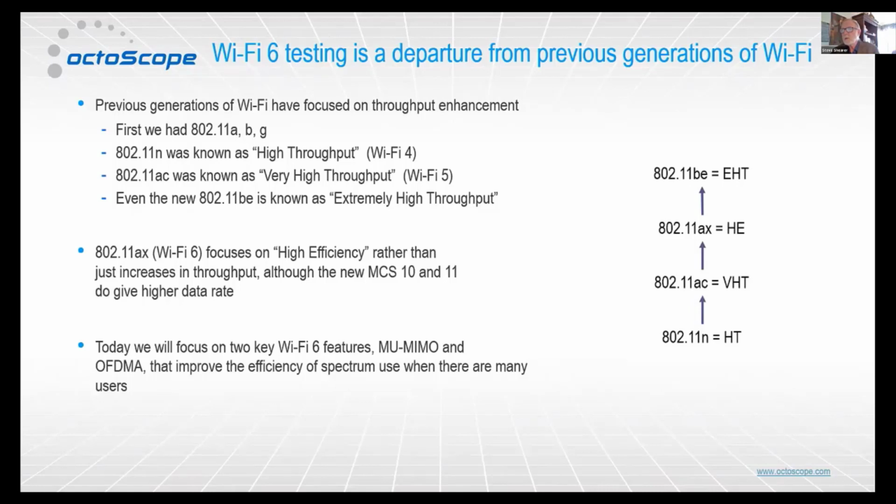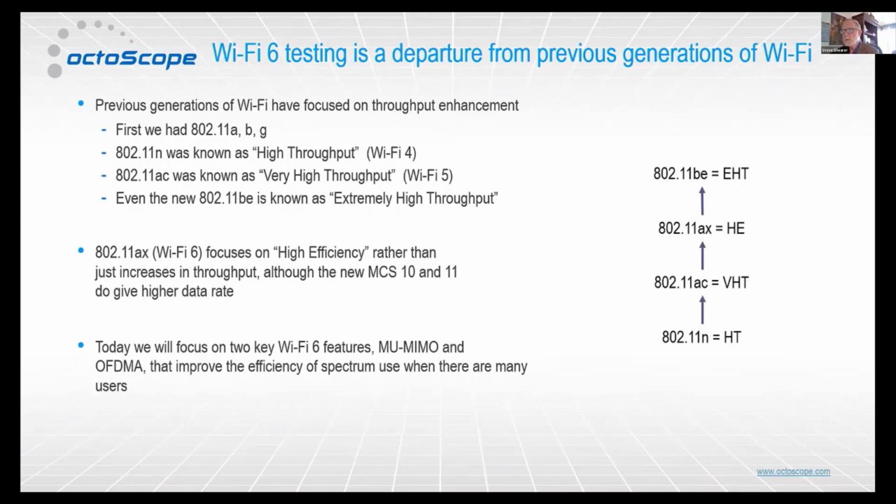And even the new 802.11be is known as extremely high throughput. So all these previous generations have been focused on giving higher and higher throughput to individual users.